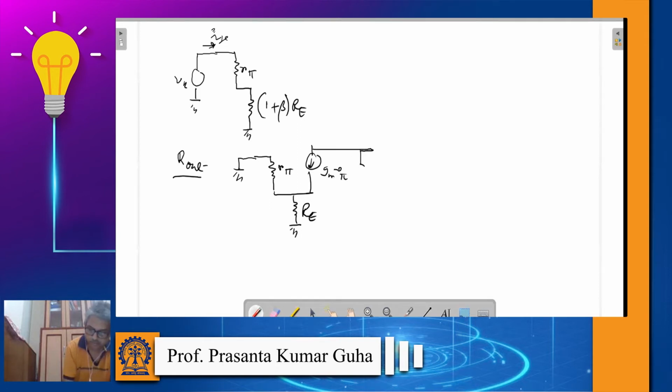So you will end up with, if you short this input, then your V pi will be 0. Okay, and also that makes this current source also 0. So in that case there is no effect of RE being connected to the emitter as far as the output resistance is concerned.